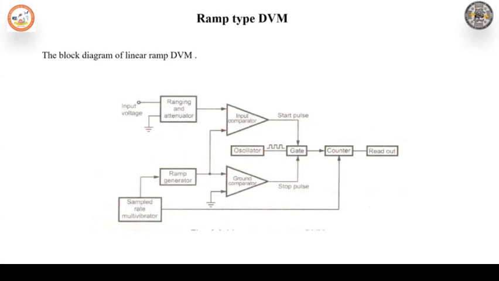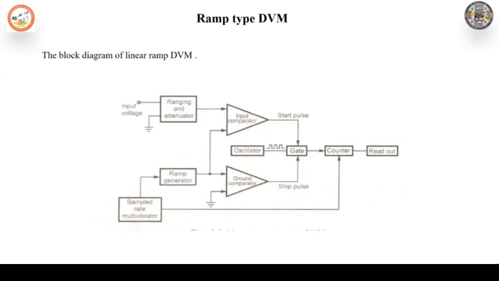The input comparator is used to send the start pulse while the ground comparator is used to send the stop pulse. When the input and ramp are applied to the input comparator and at the point when negative going ramp becomes equal to input voltage, the comparator sends start pulse due to which gate opens.